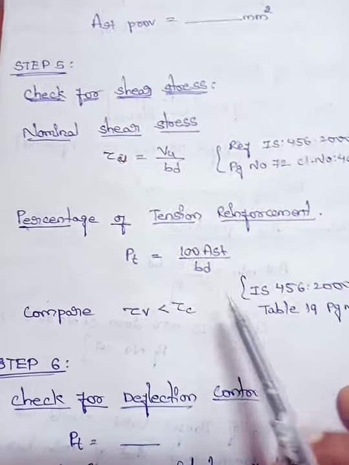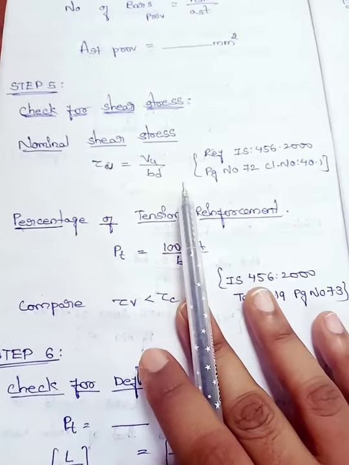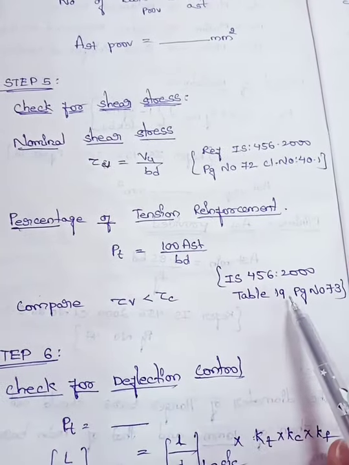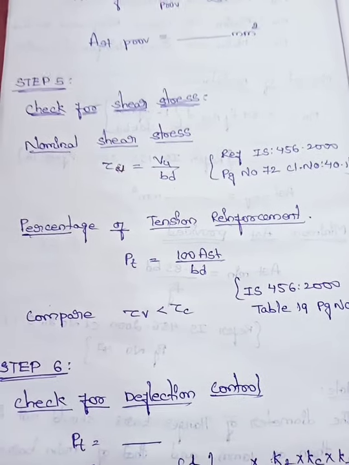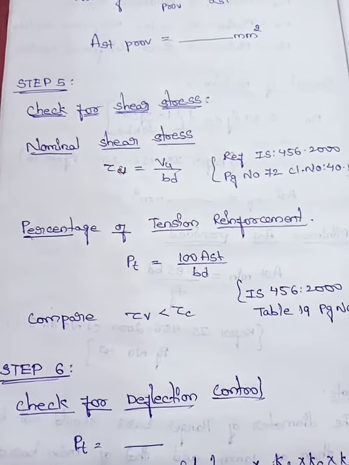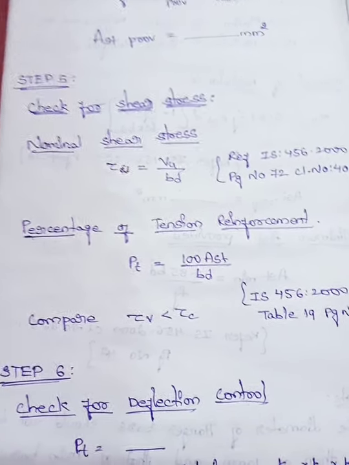To get the tau c value, you need the percentage of tension reinforcement. This tau c value will be taken from table 19, which is in page 73. After finding that, you need to compare whether tau v is less than or greater than tau c.